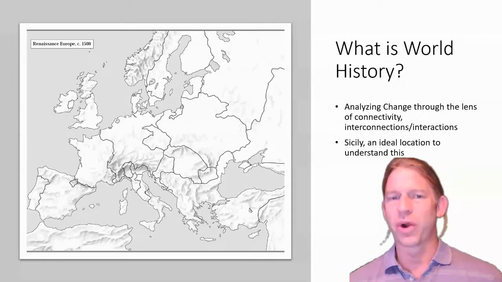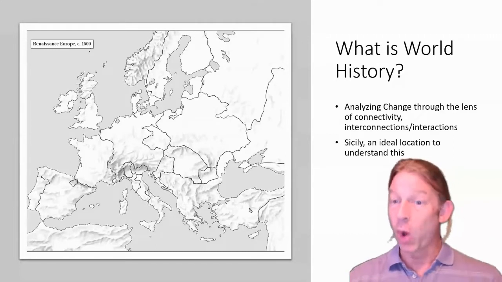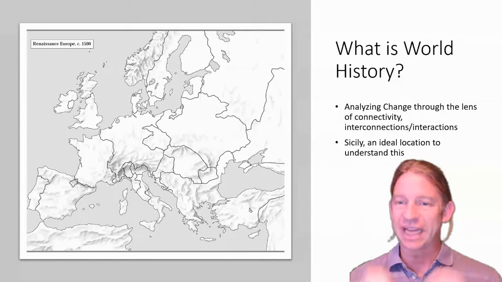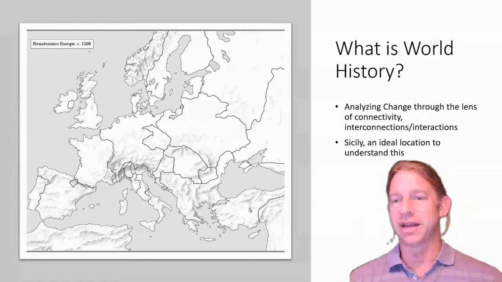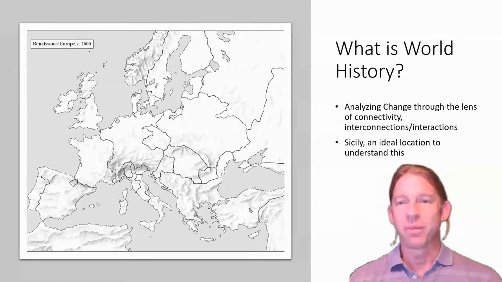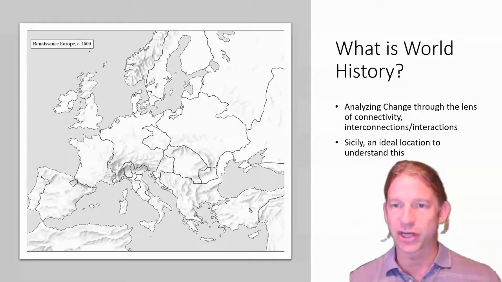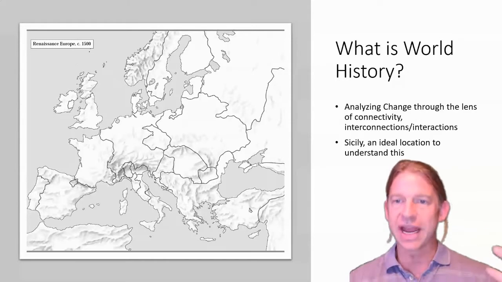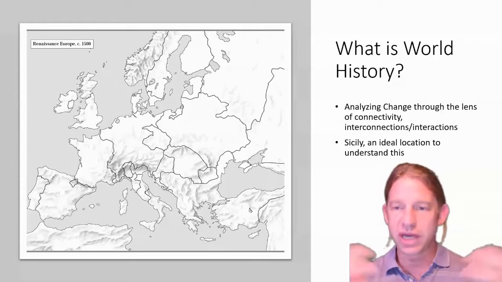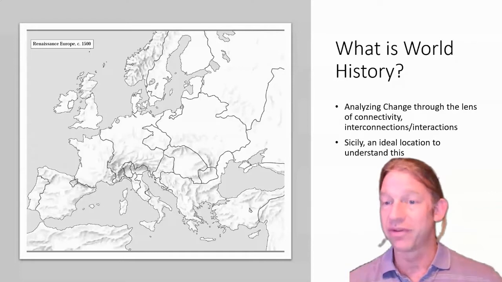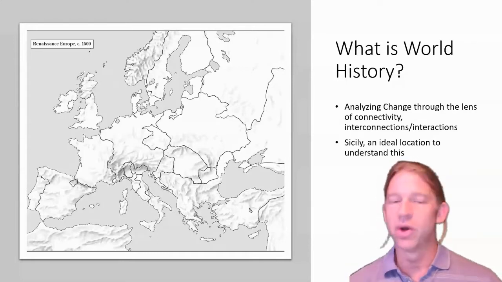Often, not always, but often at the center of what world historians do is understanding historical change in the past by understanding how connections, interactions, interconnectivity has driven change, has created the path of historical change over time.